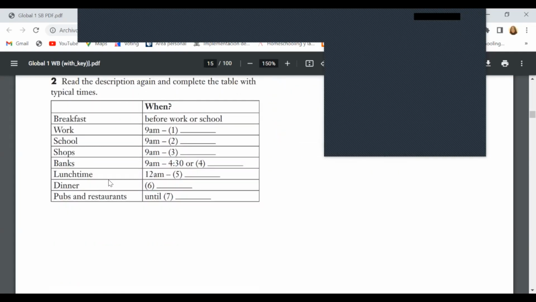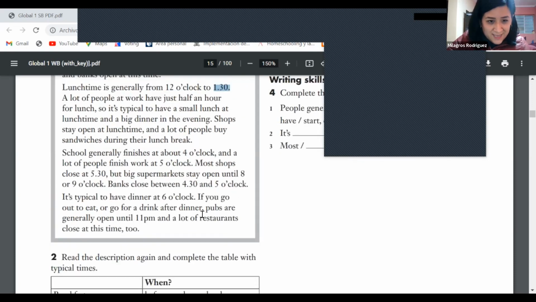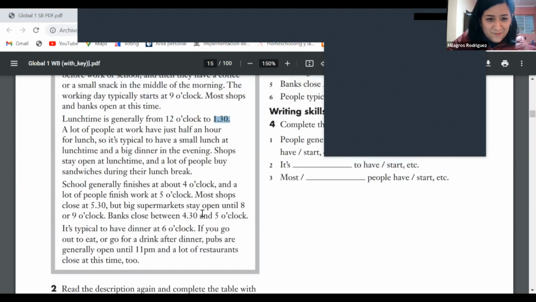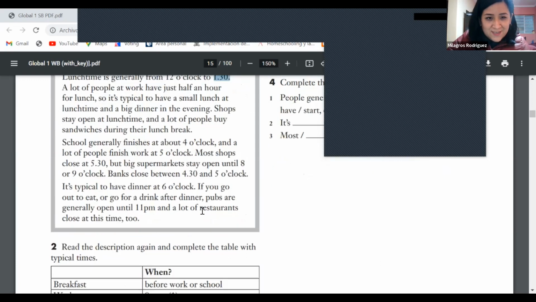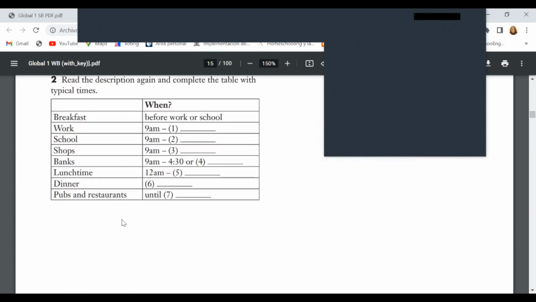Dinner. In Peru, what time do you have dinner? 7 o'clock. More or less, yes. And in the UK? Oh my God, they have dinner at 6 o'clock. 6 o'clock is early too, I think. Yes.